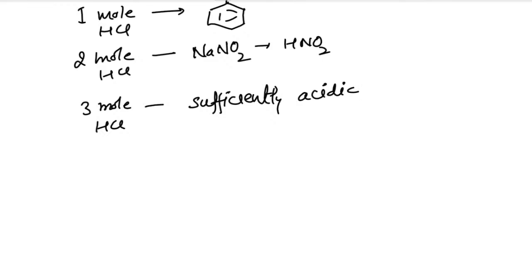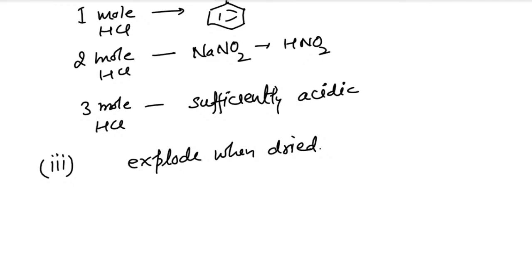Now, the third precaution is that benzene diazonium chloride is unstable in nature, so it decomposes with explosion when dried. It explodes when dried. So the compound should be in solution, or it can be used in solution as such.